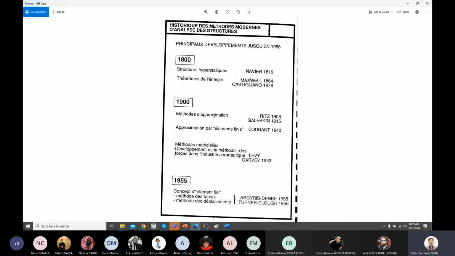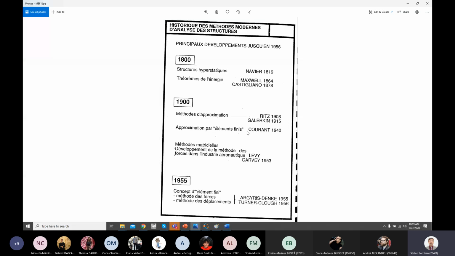This kind of approximation is very important in finite elements. Also, Galerkin made some contribution, and sometimes in different papers you will see finite element using the Galerkin method.